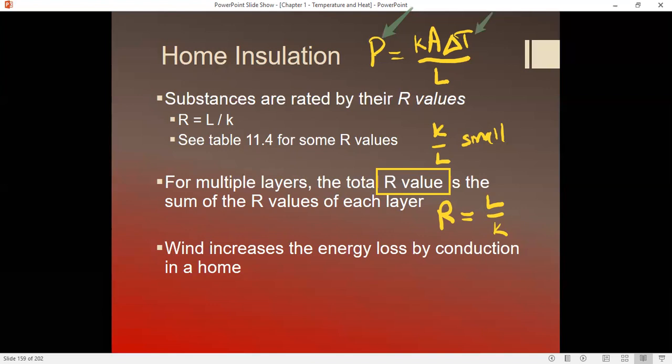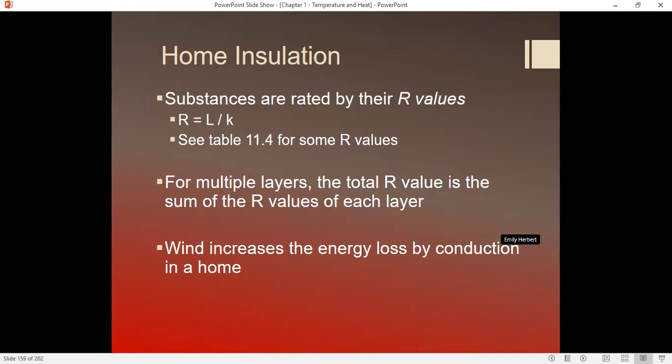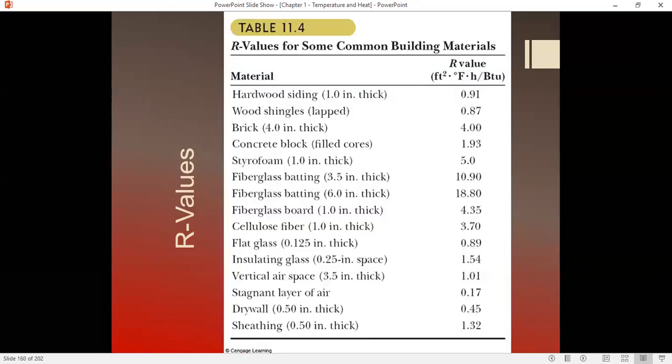We want to insulate that home. We want to, again, make this value very small. So use something with a low thermal conductivity and something fairly thick to inhibit the transfer of energy. And again, that is R value. So when you insulate a house, you're trying to maximize your R value, which is really how much we've thermally isolated the interior of a building from the exterior, okay?